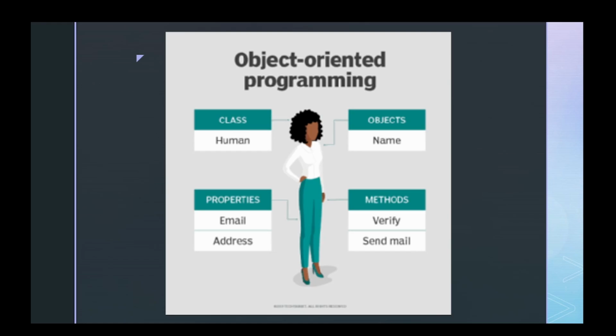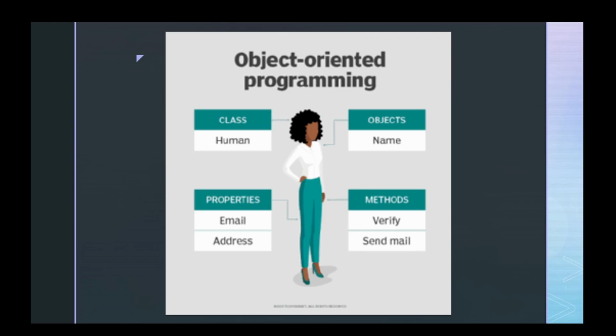That object is going to have certain properties and methods that the object knows how to do. The properties, here it says email and address. I would rather say things like hair color, skin color, things like that. They are things that just are about an object. So if you're thinking of a sentence, it's an object's nouns.